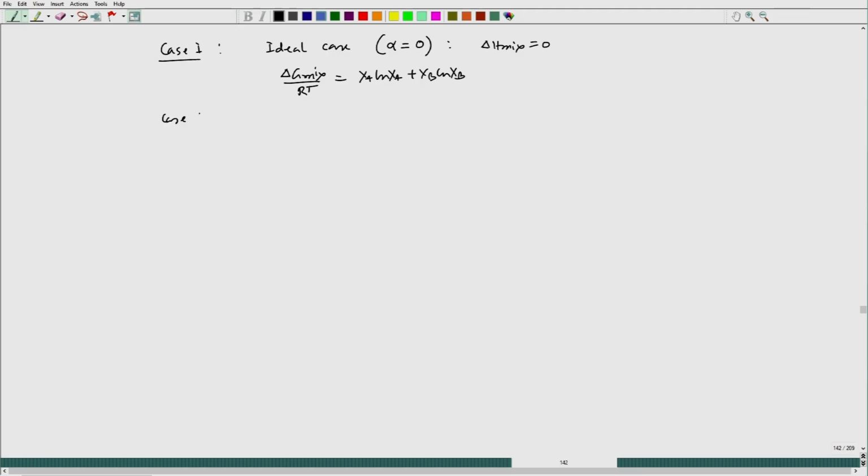Case 2, we take non-ideal where alpha is less than 0.